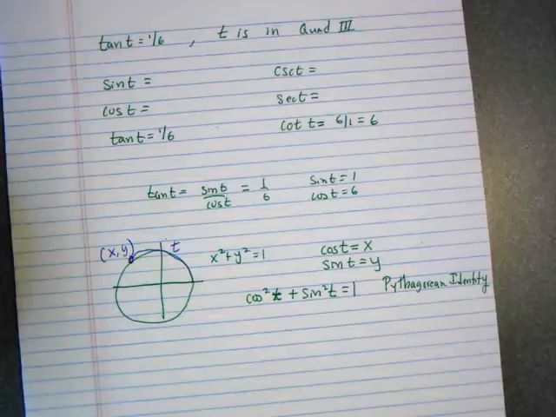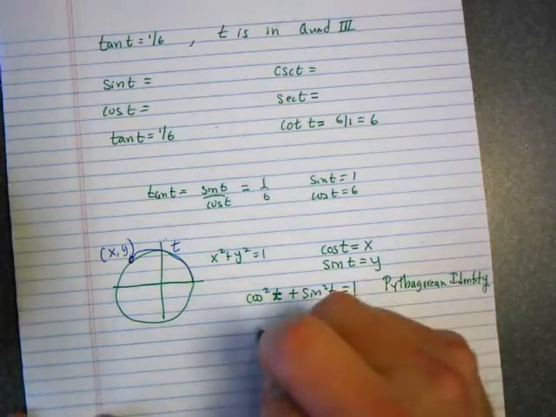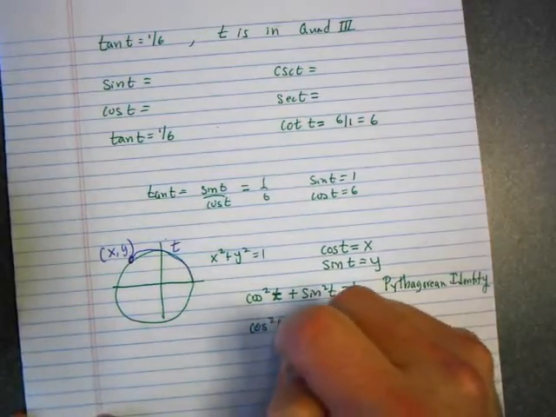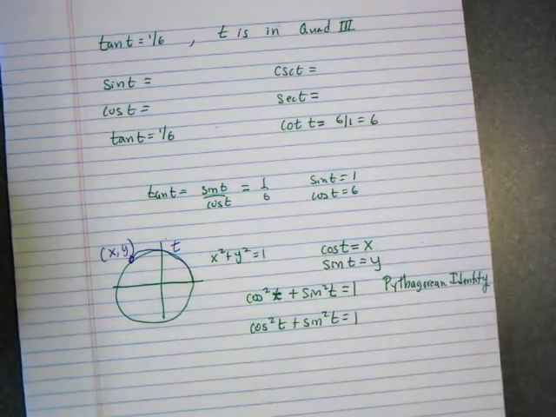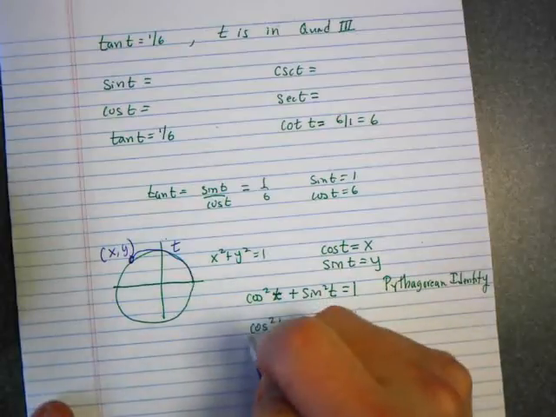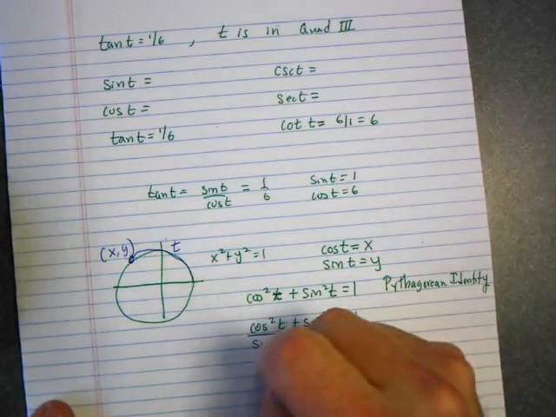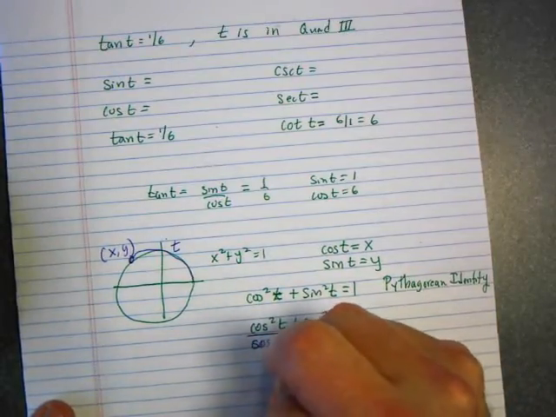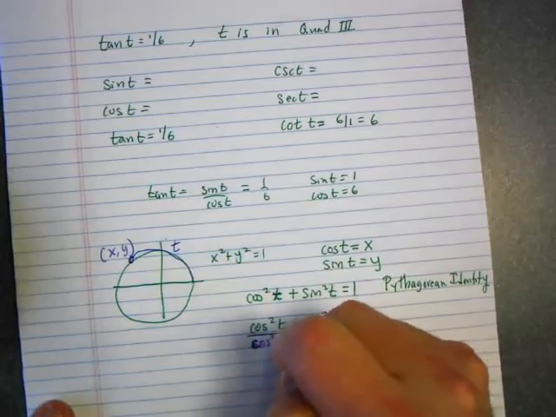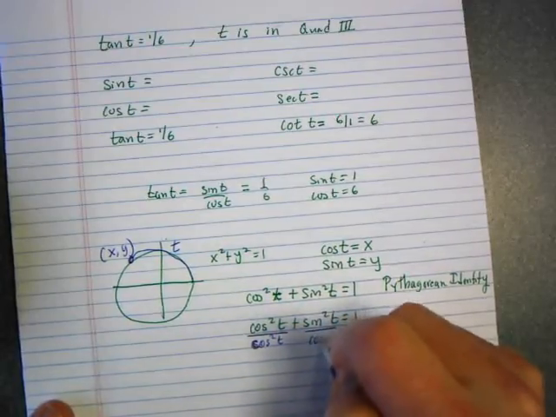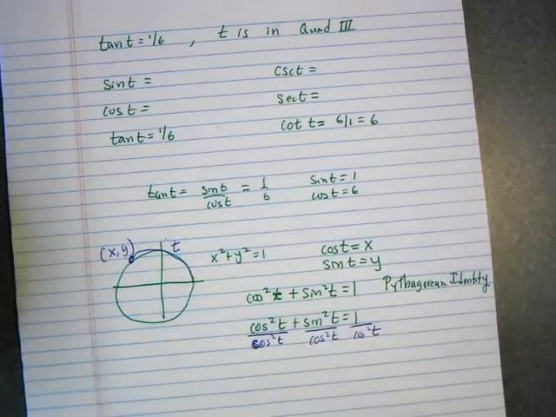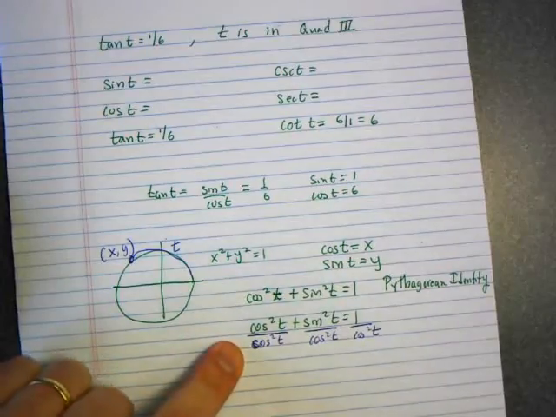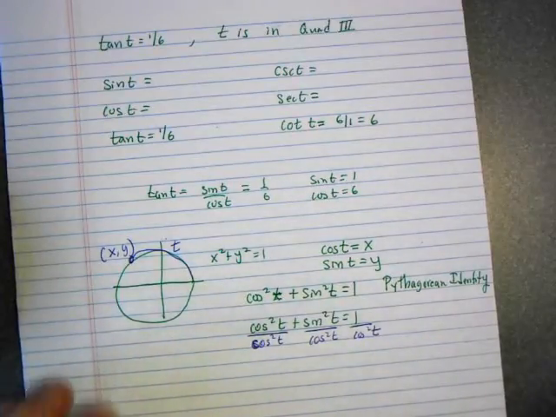Okay, so now I'm going to take this equation, cosine squared t plus sine squared t equals 1, and I'm going to divide everything by cosine squared t. What's cosine squared t divided by cosine squared t? 1.